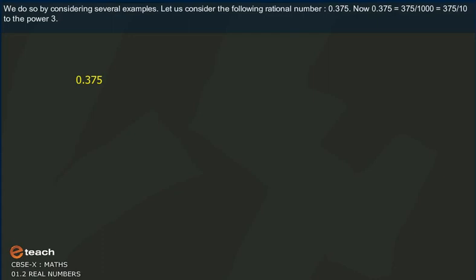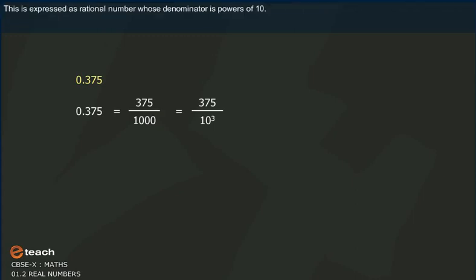Let us consider the following rational number, 0.375. Now, 0.375 is equal to 375 upon 1000, which is equal to 375 upon 10 cube. This is expressed as a rational number whose denominator is a power of 10.